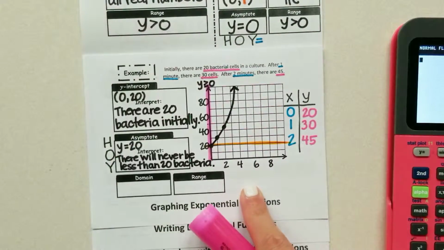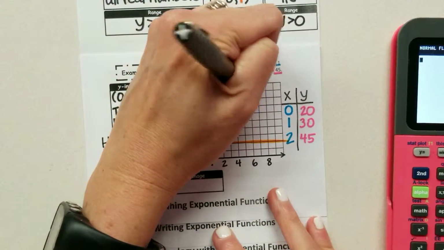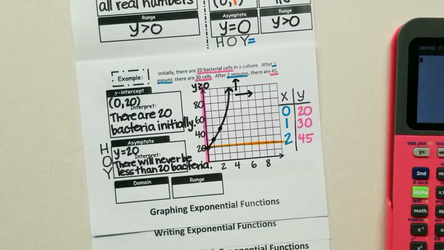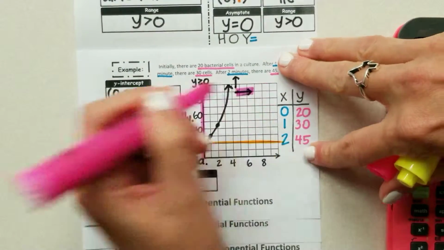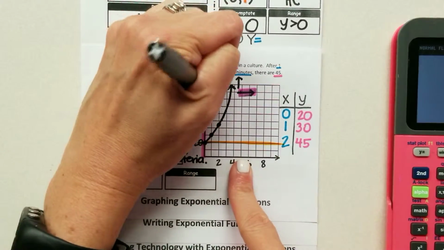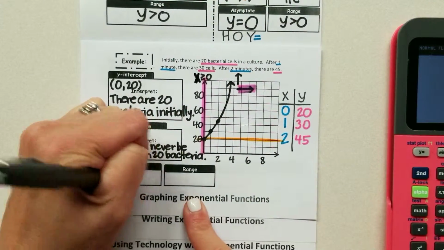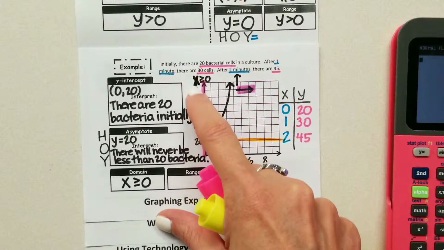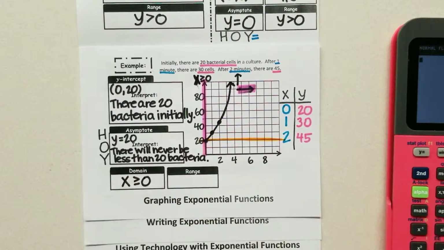Well, again, I run into an arrow. So I'm not only going up, but I'm also going to the right forever. So I can't draw a boundary line. So my domain is going to be all x values greater than or equal to 0. And notice I put y here, but it should be an x because we're talking about domain.